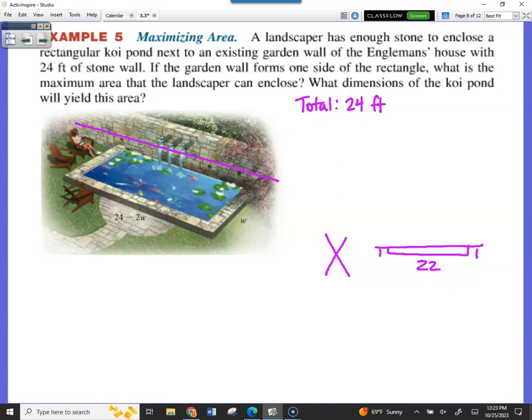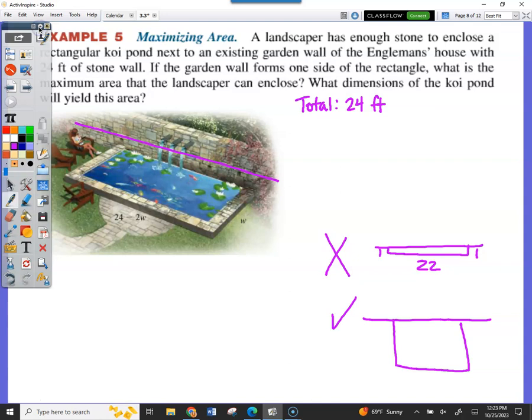That would be terrible. The fish would not be able to pass, you know what I mean? You would not hire this guy. You would want to hire the guy that builds a decent sized rectangular koi pond so the fish have free room to swim. You with me? Focus. Lock in.